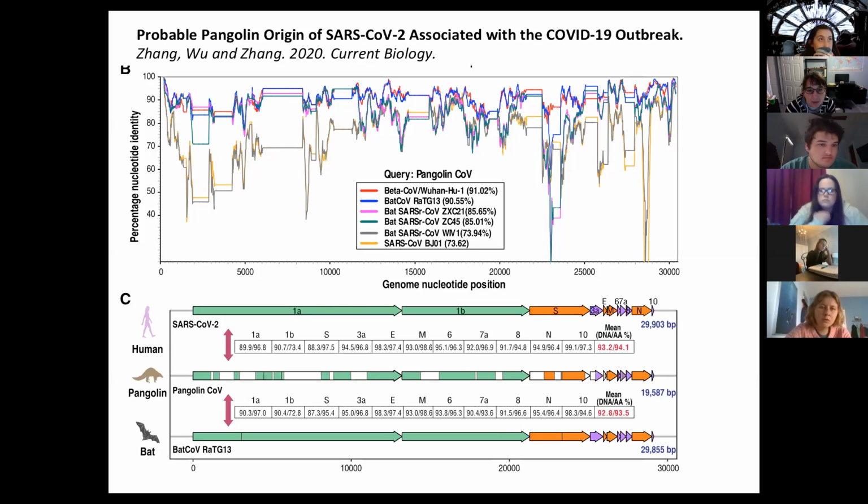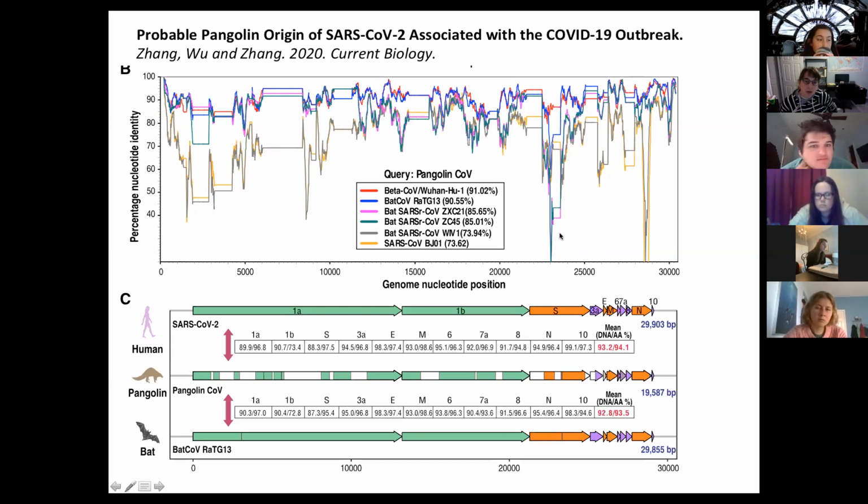What about the original SARS virus? Pretty different. There are a lot of areas that are pretty different, especially in the middle, right above where it says query, you get these dips, right? And then around position 22,000, 23,000, you get a massive dip between bat, SARS, and all the other things in there.